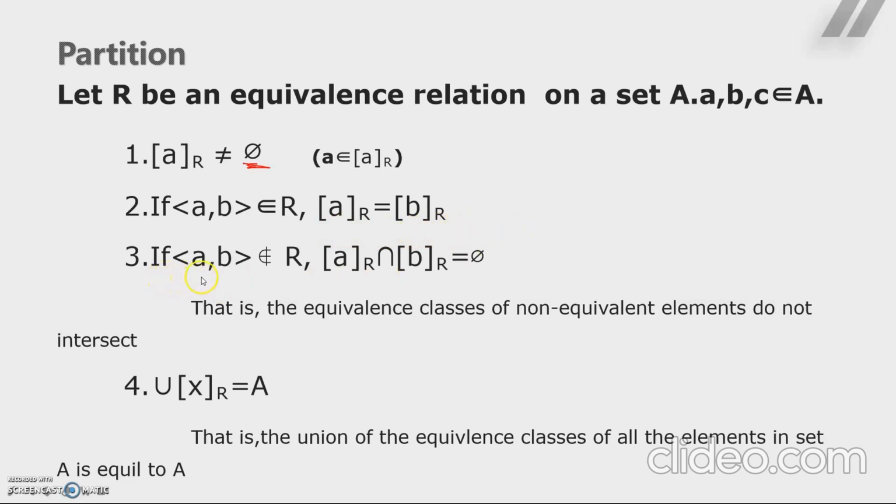The third, if (a,b) does not belong to R, then the intersection of the equivalence class of a and the equivalence class of b is the empty set. That is, the equivalence classes of non-equivalent elements do not intersect.